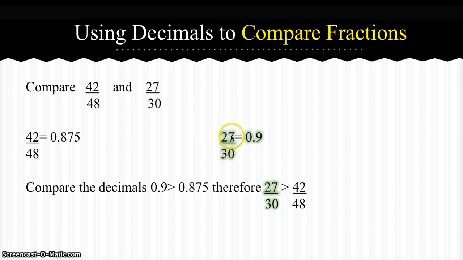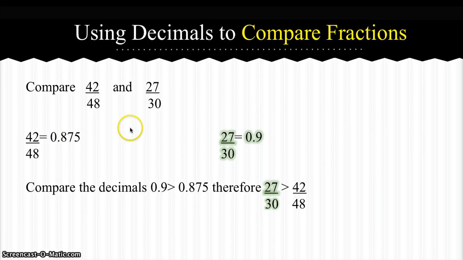So when we divided 42 by 48, I got 0.875. When I divided 27 by 30, to change it to a decimal, I got 0.9. 0.9 is bigger than 0.875. So therefore 27 over 30 is greater than 42 over 48. So don't always assume just because the numbers are bigger in the fraction that the decimal is going to be bigger.